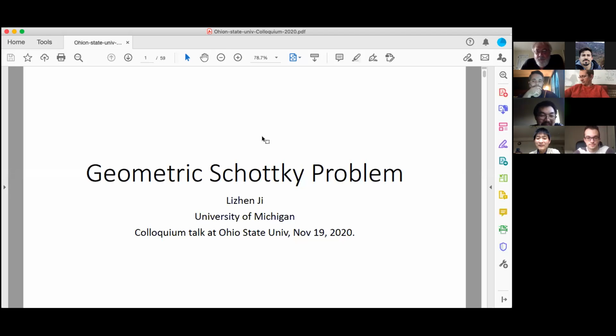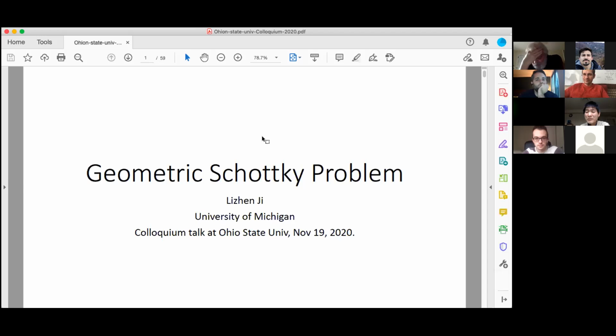I didn't look up his credentials, but I think he was a student of Yau and maybe Gorevsky, and he's one of the big experts on compactifications of locally symmetric spaces and maybe of moduli spaces. I think that's related to what he's going to talk about today, which is the geometric Schottky problem.